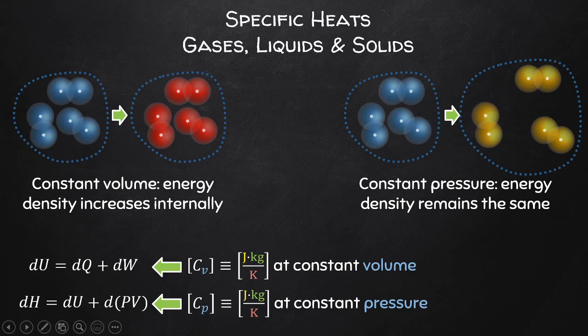Obviously work has to be done on the surroundings in order to increase the volume and maintain the pressure. So this is the reason why Cp, the specific heat at constant pressure, tends to be larger than Cv, okay, because work has to be done in order to overcome the volume that is being displaced by the surrounding matter. Okay.